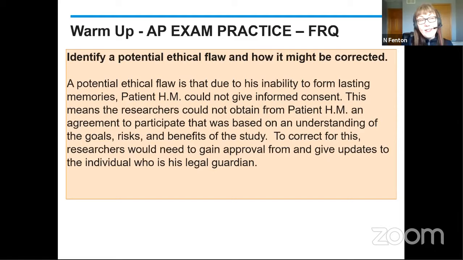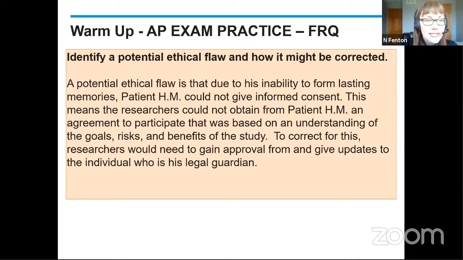And the way they do it, it's actually called consent by proxy. So you're going to need his caregiver, whoever has legal authority, to grant permission. And this works similarly, like if you're going to do research with children, you're going to need a parent or guardian to give consent. You can't really get informed consent from a 5-year-old.